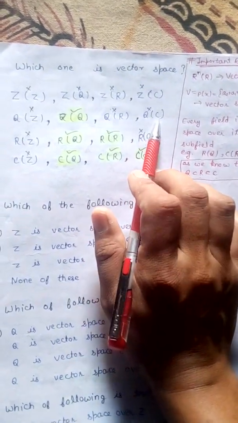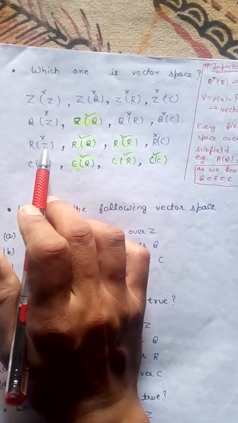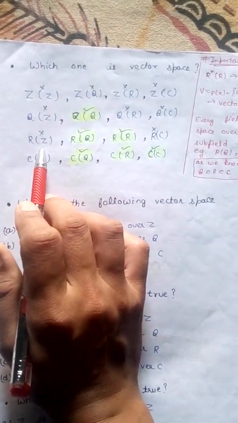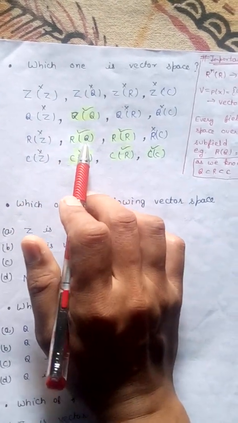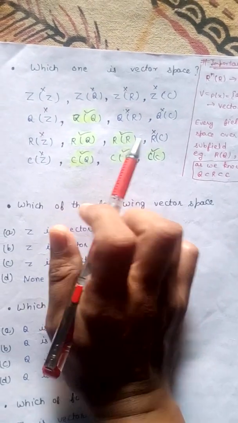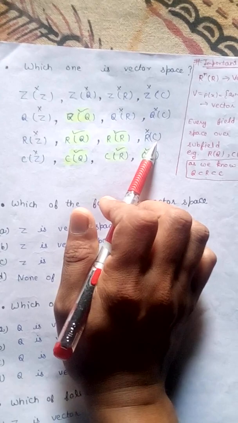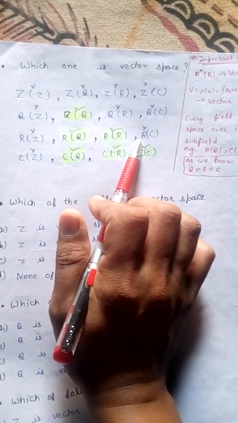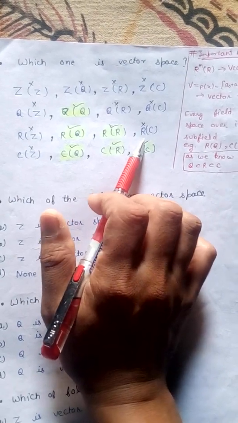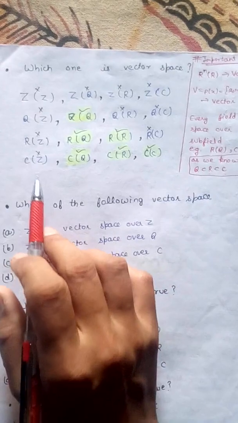Similarly, Q over C is not a vector space, and R over Z is not a vector space because in Z the inverse property does not hold. R over Q is a vector space and R over R is a vector space. R over C is not a vector space because C is the larger field and R is the subfield, so it cannot be a vector space.